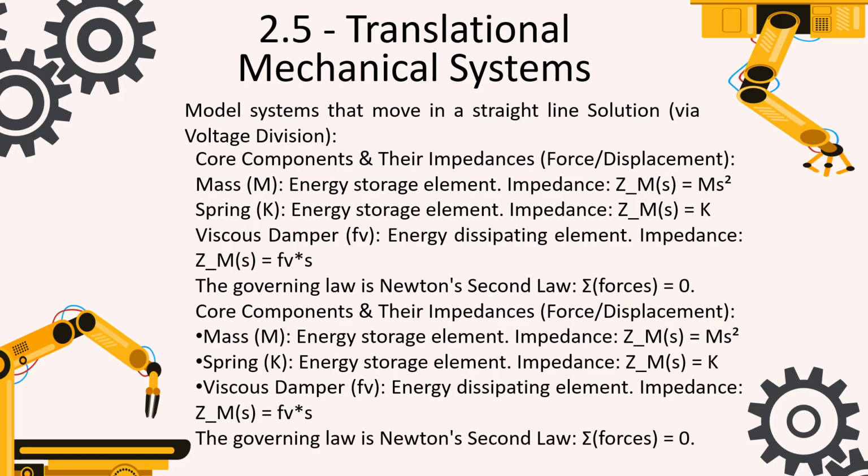Now let's shift from the electrical domain to the mechanical. Section 2.5 covers translational mechanical systems, which are systems that move in a straight line. Just like with circuits, we can define the impedance of the core components. A mass is an energy storage element with an impedance of Ms squared.